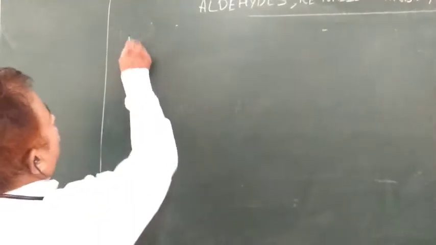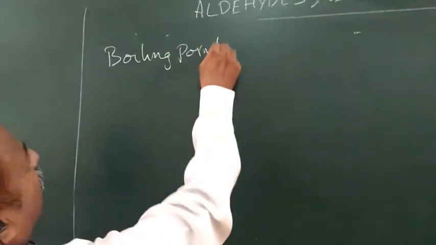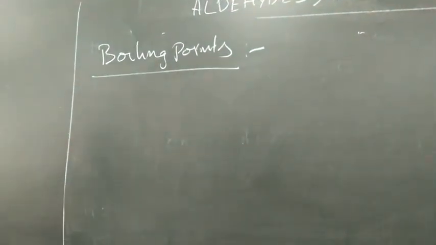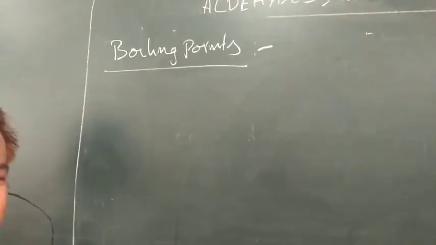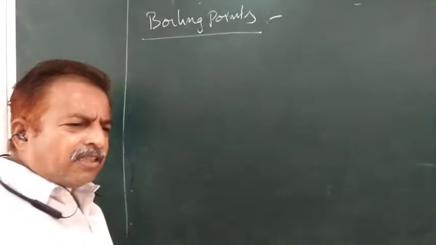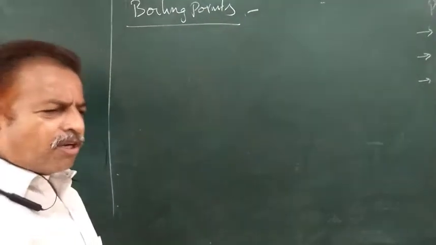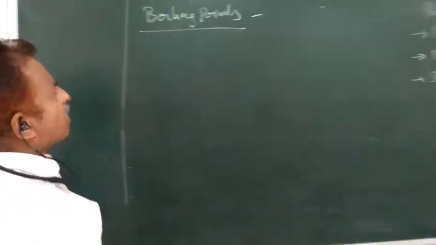Now let us see boiling points. Boiling points of aldehydes and ketones are a little higher than the corresponding ethers and hydrocarbons of similar molecular masses.